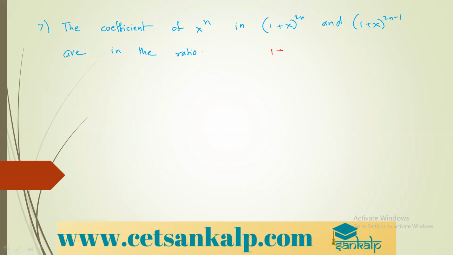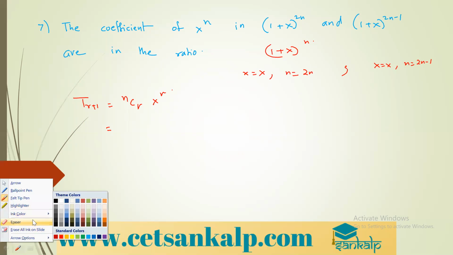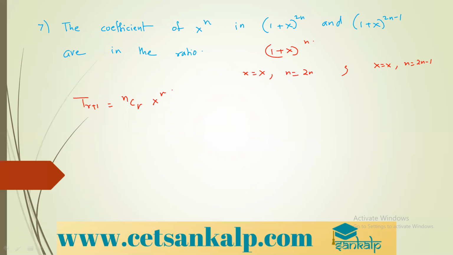So I will take the (1 plus x) whole power n formula. Here x is x only, n is 2n. Here x is x only, but n is 2n minus 1. The two formulas, because the general term is nCr x power r. That is the general term formula. So I will have for the first one, I will make two general terms here.